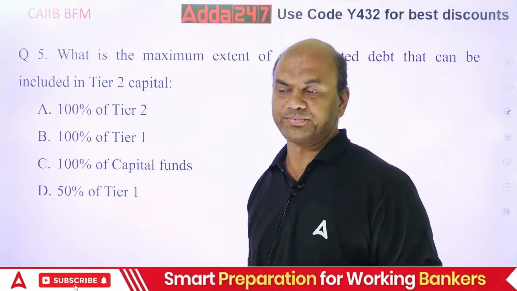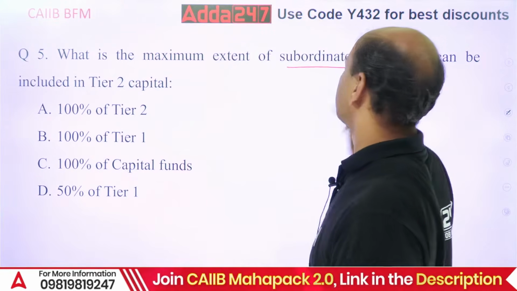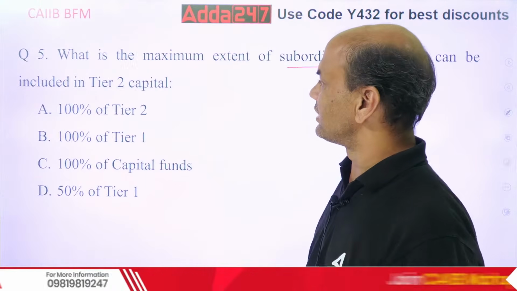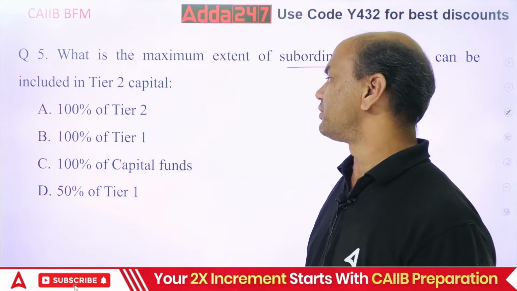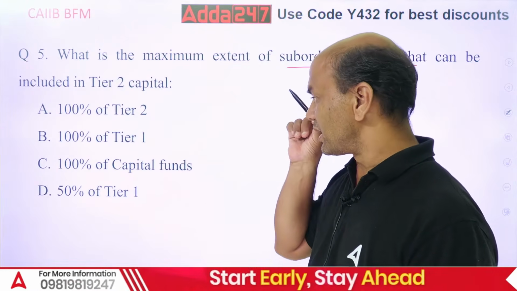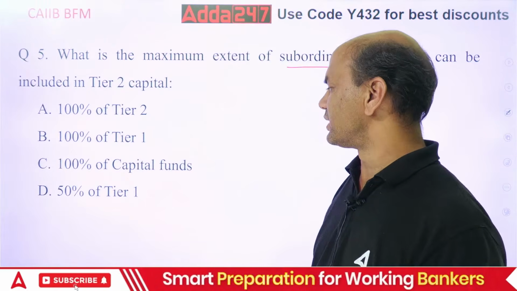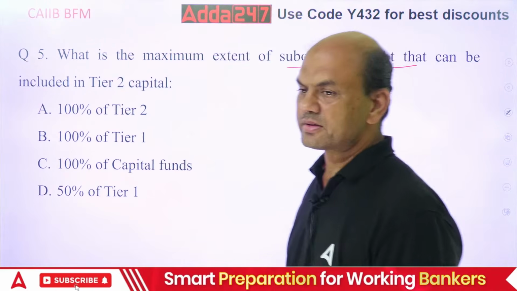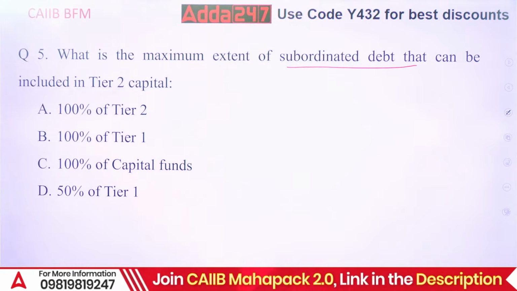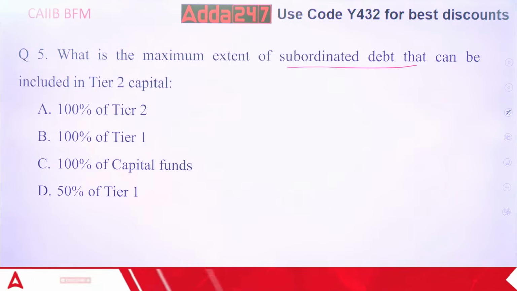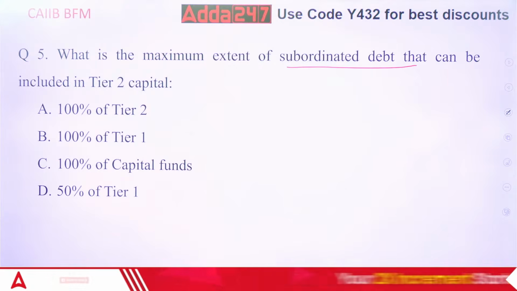The options are 100% of tier 2, 100% of tier 1, 100% of capital funds, and 50% of tier 1. What is the answer? What is the maximum amount of subordinated debt which can be included in tier 2?